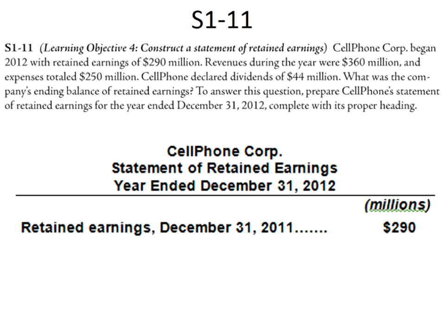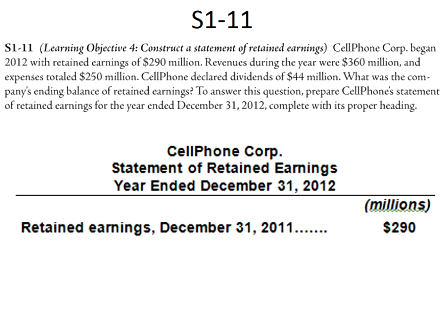The first line of this statement is the beginning retained earnings. I don't have the word beginning there, but that's what it is. The beginning retained earnings for the year December 31st, 2012 is the retained earnings as of the end of last year, 2011.